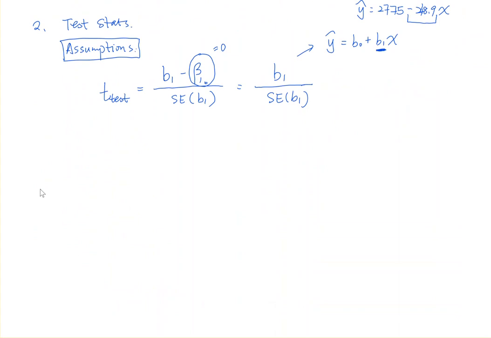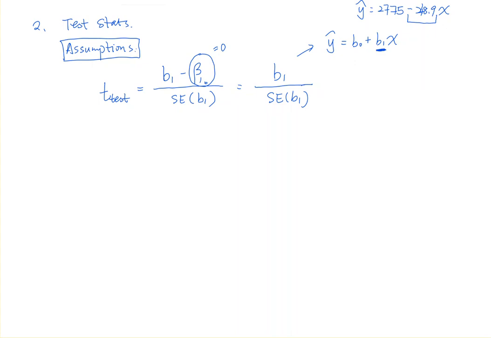And then next will be test statistics, calculate the test statistics. All right, so before we calculate the test statistics, we need to check the assumptions. But since the assumptions for testing about the regression are not as easy as what we learned before, it's not that simple.